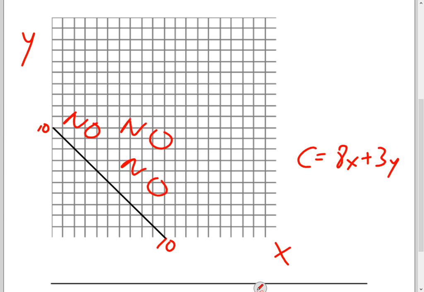If y is greater than or equal to 4, this is the y axis, so I look for 4. I come across, and which direction is greater than? Up. So everything below that is no good. It says no, not on.